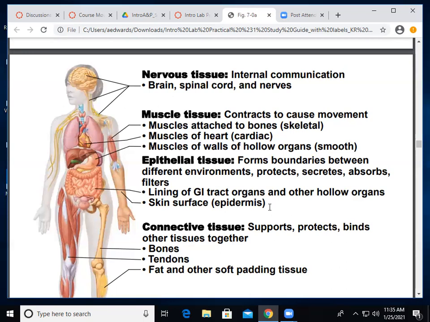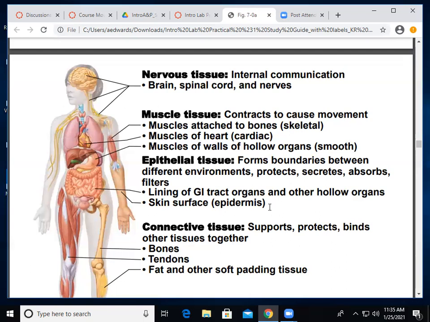We have examples here: the lining of your gastrointestinal tract, GI, and other hollow organs. It's the lining, a kind of barrier between environments. And the surface of your skin, your epidermis, is epithelial tissue.